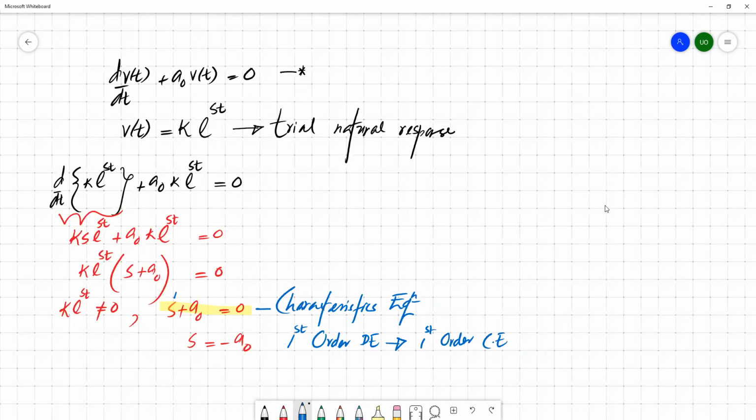So it's a kind of a linear combination: s plus a0 equals 0. This is the characteristic equation of the given first order differential equation. Without doing this calculation, or without having this trial solution, we can immediately get the characteristic equation by substituting this.